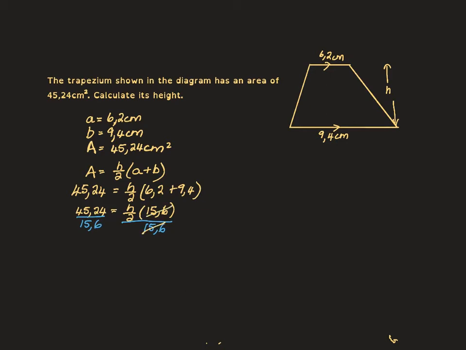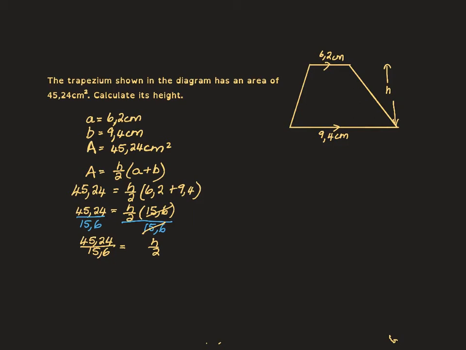Those two will divide out. And I'm going to leave my right-hand side just as it is. So I have 45,24 divided by 15.6 is equal to h over 2. We're nearly there. We've just got this 2 in the denominator.